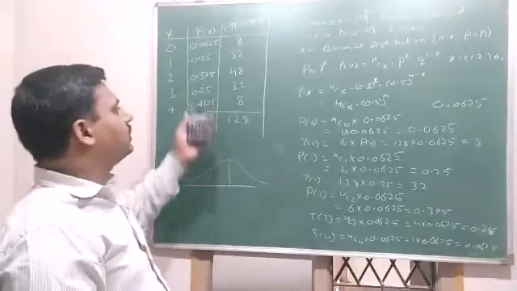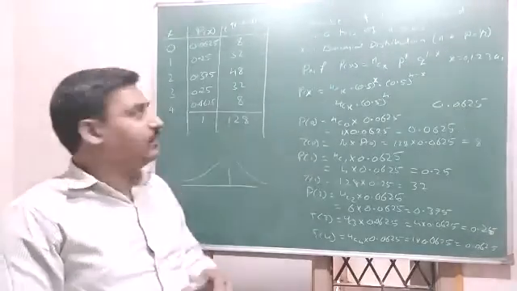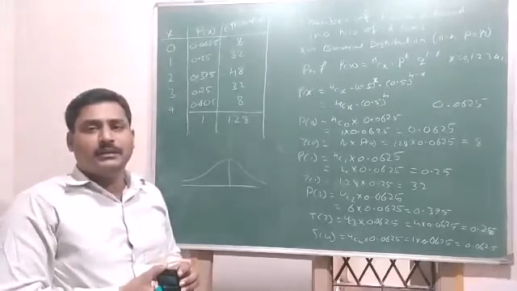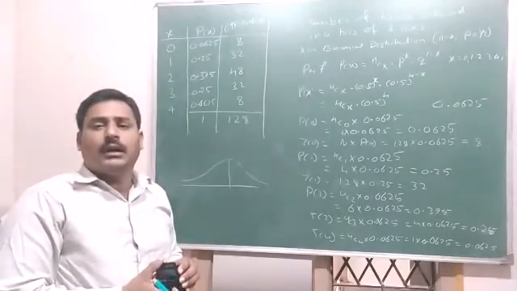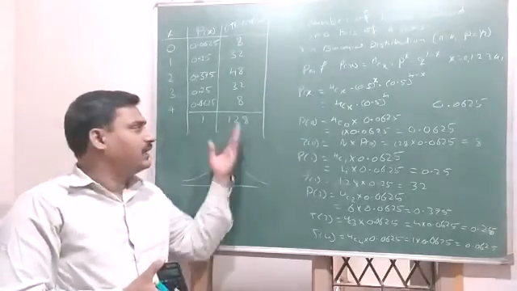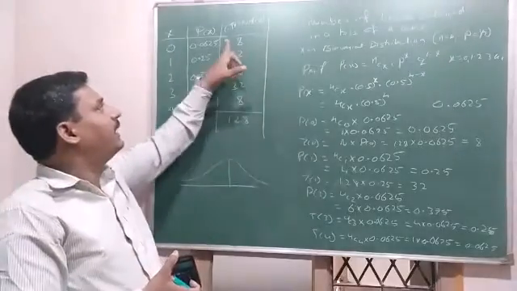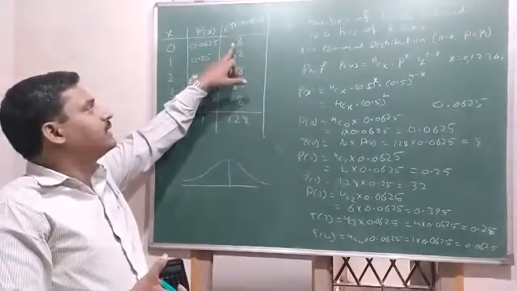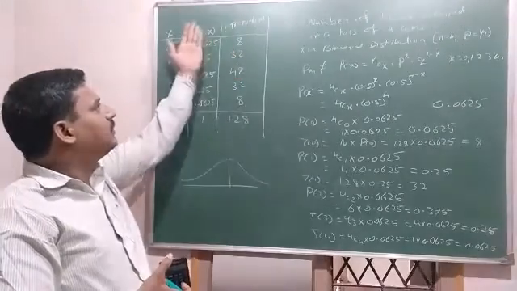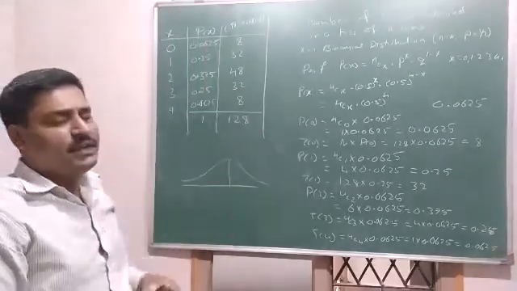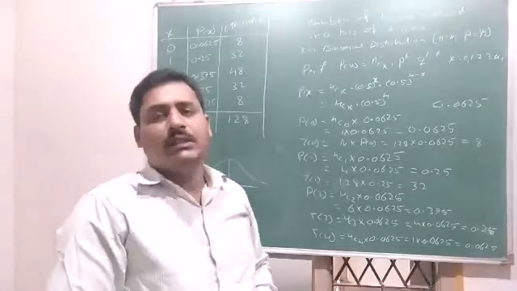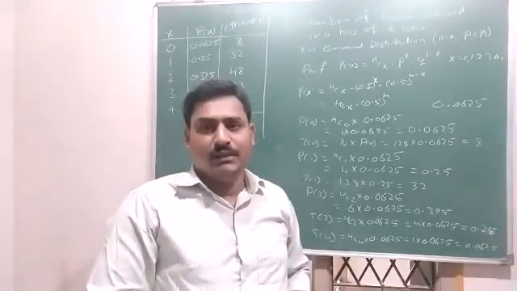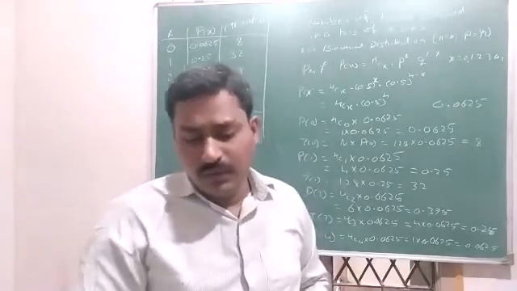Even here, if you identify the first theoretical frequency, 8, with the help of this 8 alone, without probability terms, we can identify the next theoretical frequencies. But we'll take a problem now and solve that.